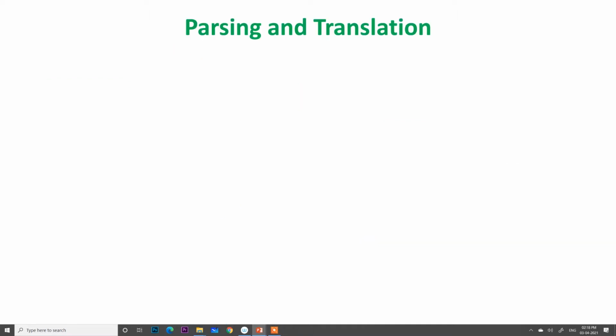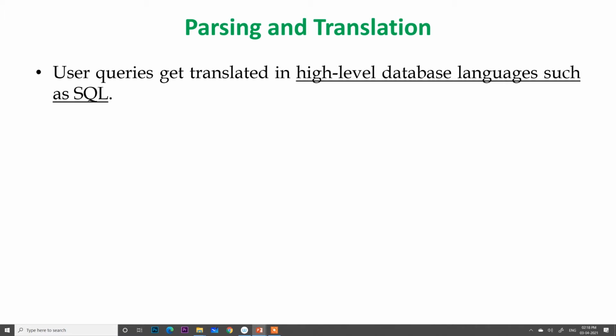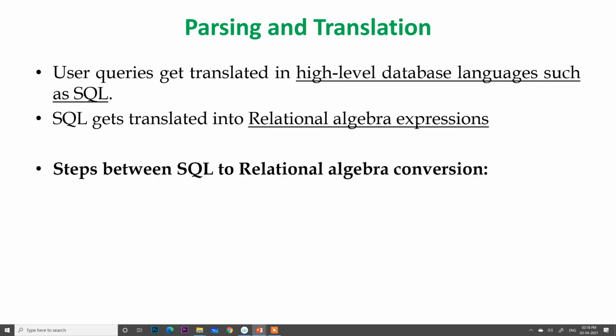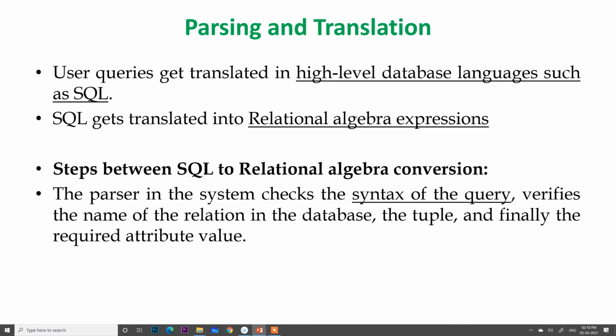First is parsing and translation. Here the user queries are translated into high-level database languages such as SQL, and it is again converted into relational algebra expressions. So there are some steps between SQL and relational algebra conversion. Your parser in the system will check the syntax of the query.